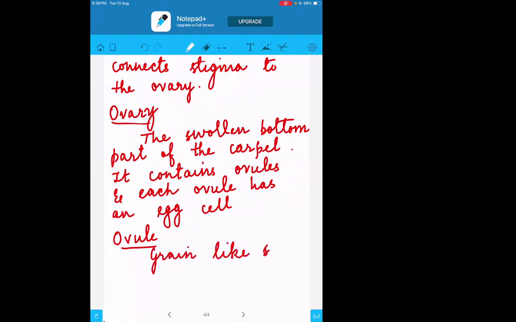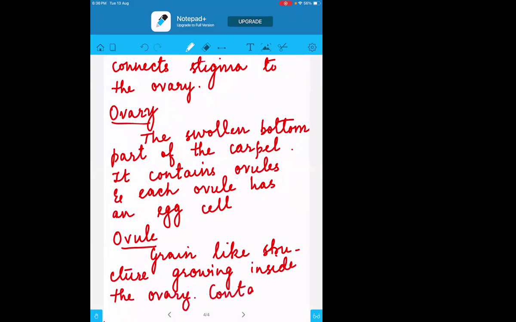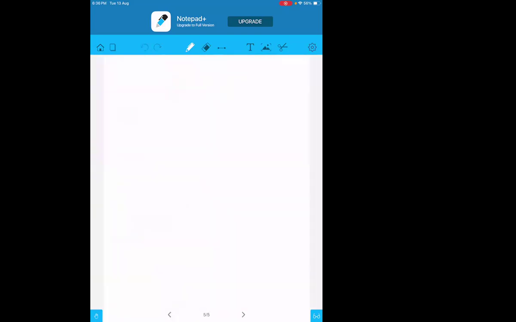Grain-like structure growing inside the ovary. And it contains female gamete or egg.